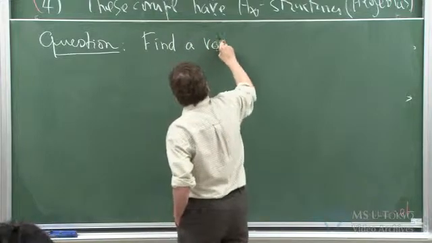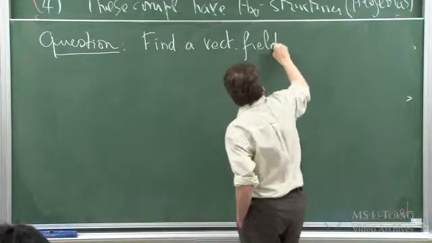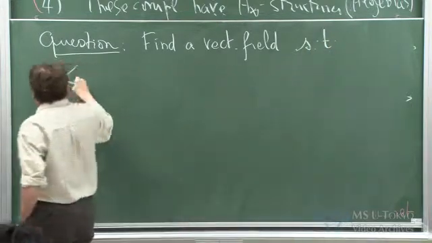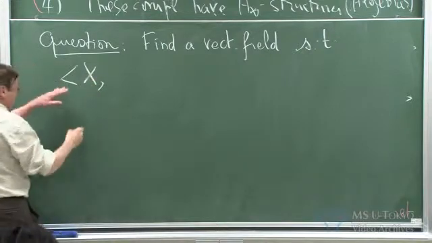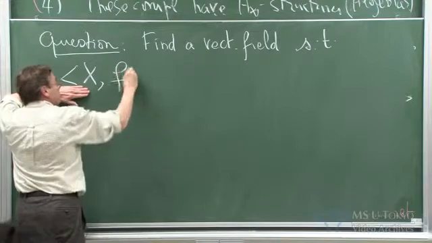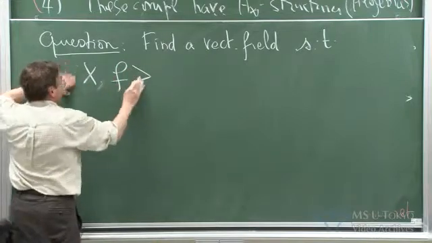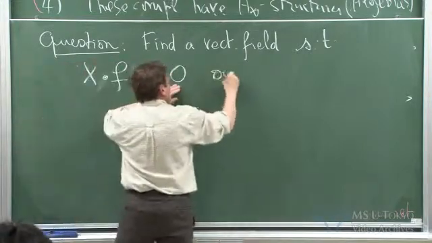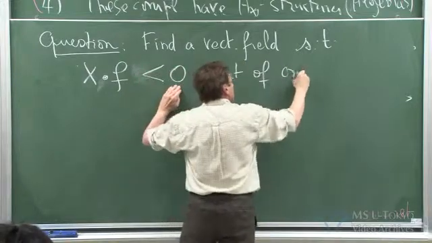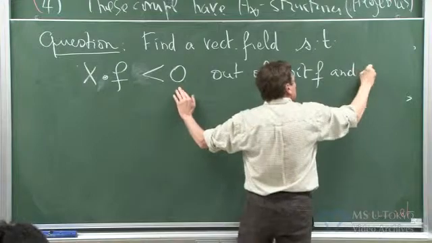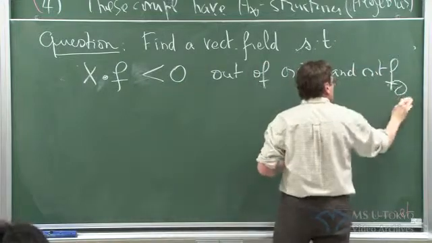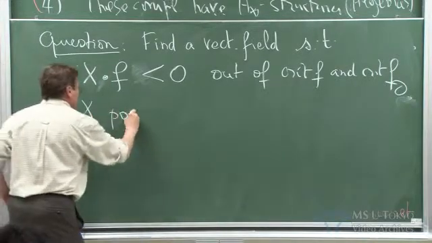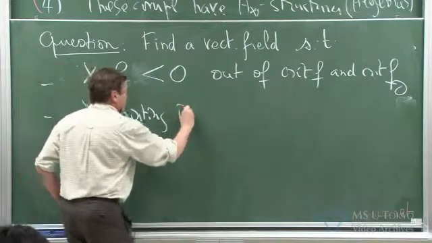Find a vector field X such that you have the Lyapunov inequality: X derivative of f is negative out of crit f and crit f del, and X pointing inwards.